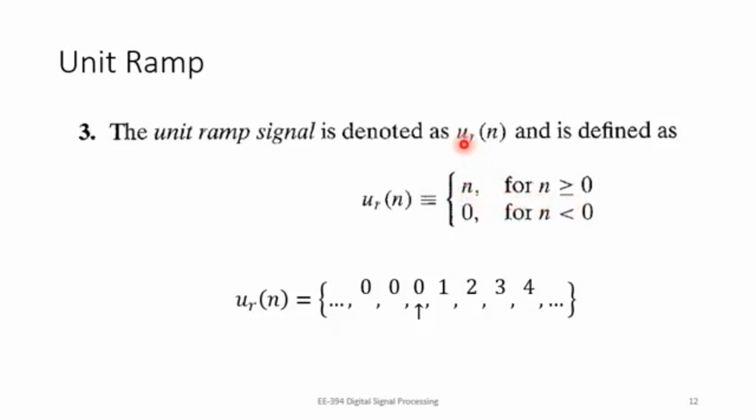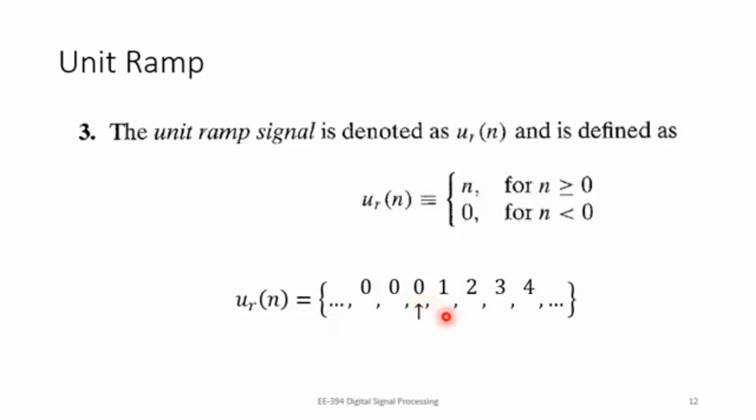So it is represented by u subscript r of n, and it is defined as u r of n equals n for n greater than or equal to 0, and for all negative values of n, u r of n will be 0. So as you can see in the sequence representation, for all negative values of n it is 0, and when n is 0, the value of the signal is 0.